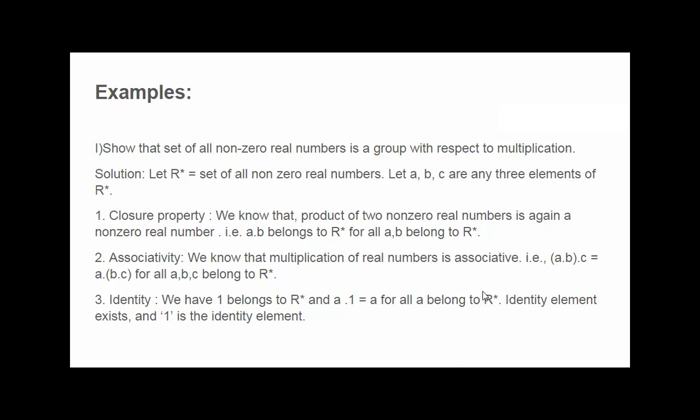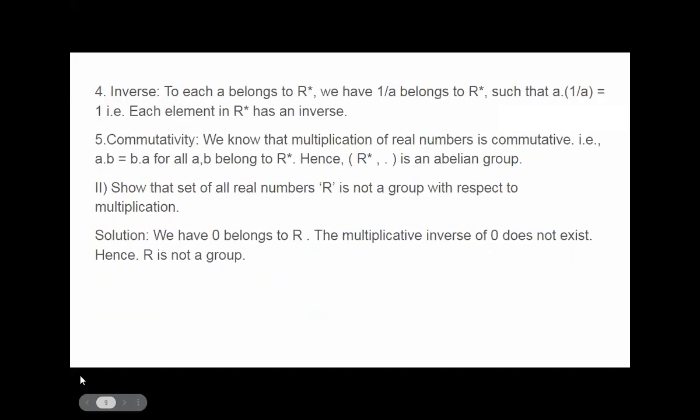So the identity element exists and 1 is the identity element in the set R star with respect to multiplication, because any element multiplied by 1 gives that element only. So in this group R star, 1 is the identity element, and it exists in that set only.